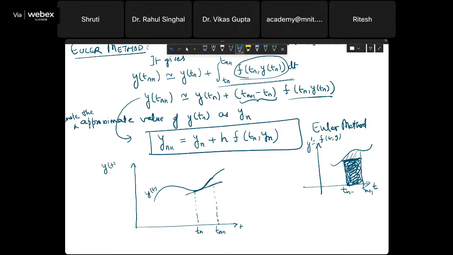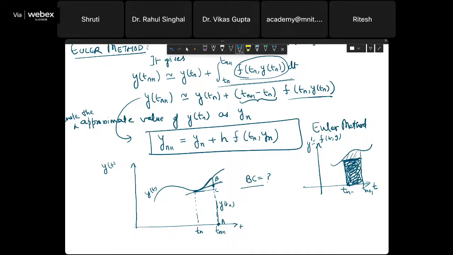So y at Tn plus 1 in actual should be this particular value up to here, but we are approximating it by this line, and therefore it remains like this. So this part AB is what we are evaluating, and we can easily calculate it because AC will be the same as y at Tn. Only this BC part we have to calculate.